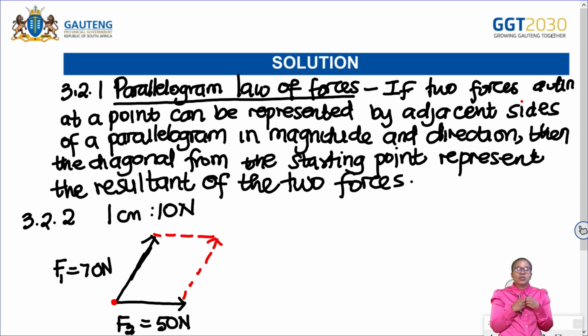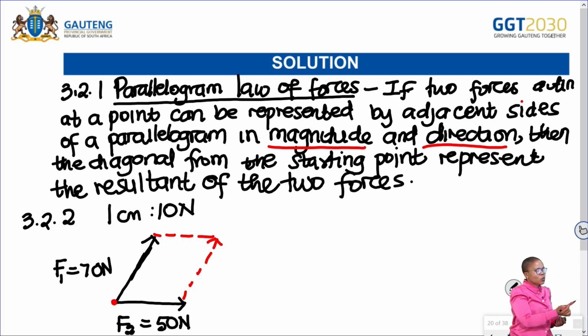Remember I said to you, the scale allows you to magnify as well as to reduce. In this case, we have reduced it so that we are able to draw 5 centimeters for your F1 instead of your 70 newtons, and draw 5 centimeters instead of your 50 newtons. So we've represented them both in magnitude as well as in direction. Why are we saying that? Because we have the correct magnitude, and also we have the arrowheads, which are giving us the direction.